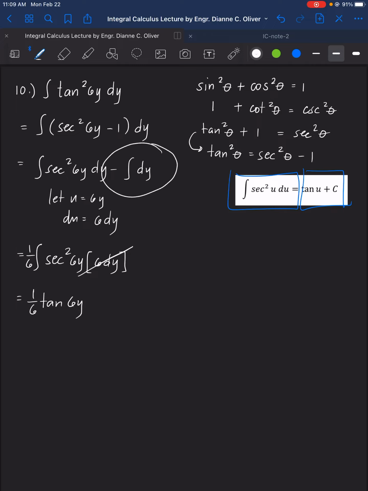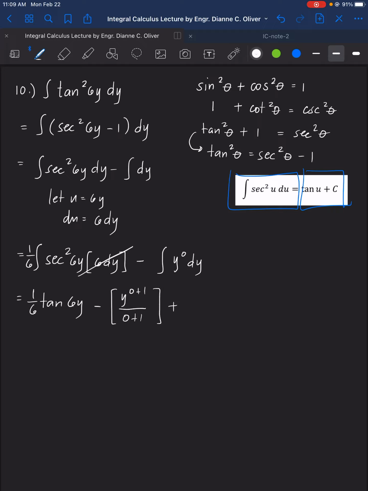How about this portion here? Remember that this portion is already solved in the power formula. So that is here, it is negative, this is already integral of y raised to 0 dy, and then the pattern for the power formula is y raised to 0 plus 1 over 0 plus 1.